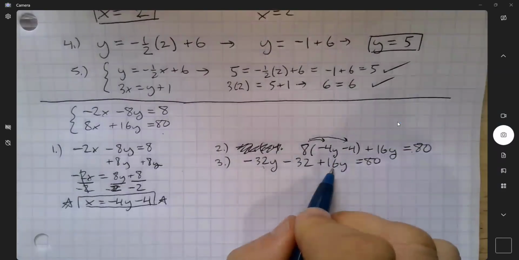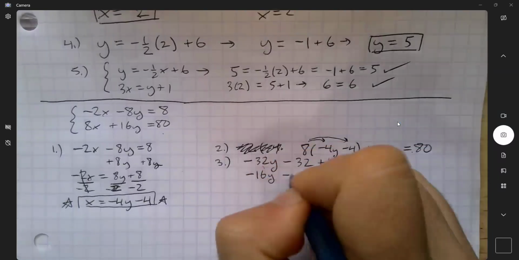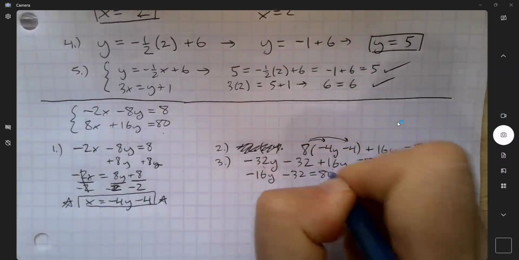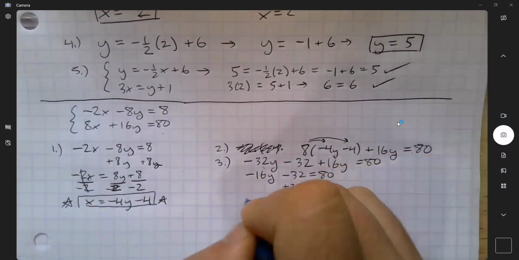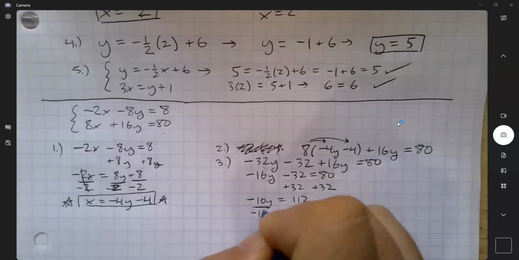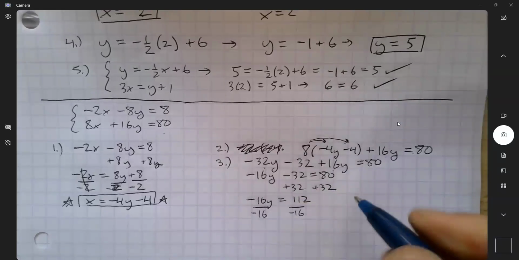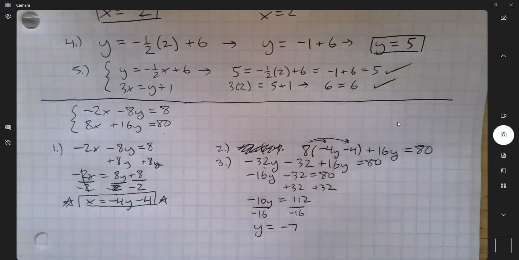Combine the negative 32y and the 16y together gives me negative 16y minus 32 equals 80. Add 32 to both sides, and I get minus 16y equals 112. And divide both sides by negative 16. I get y equals negative 7.